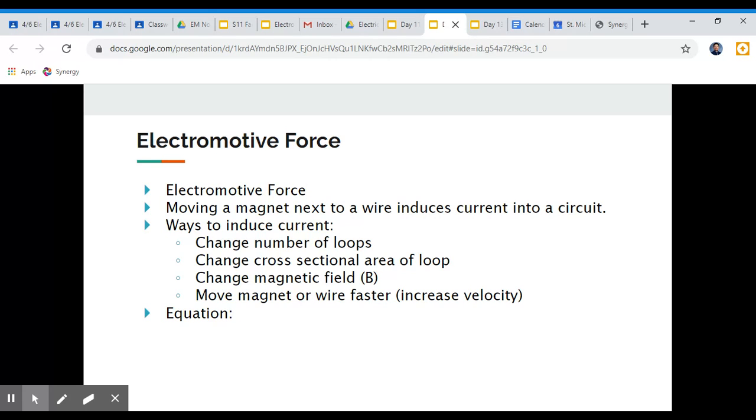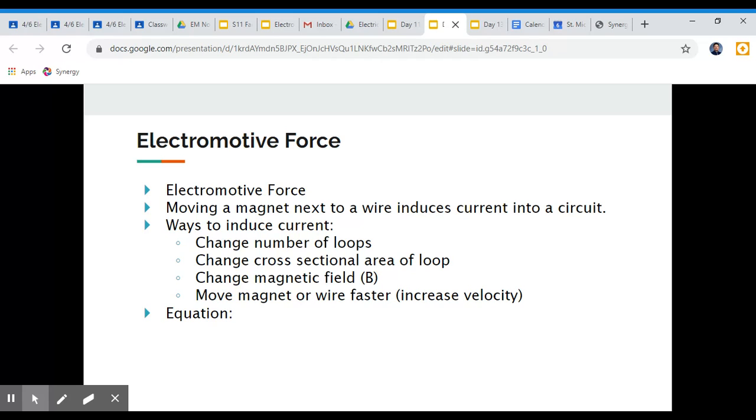All right, so if you want to take a second and tinker around with the PhET simulation right now a little bit, you can go back to that slide that had the link on it, just to see what the setup is that I'm talking about when I'm talking about number of loops, or the cross-sectional area, things like that.